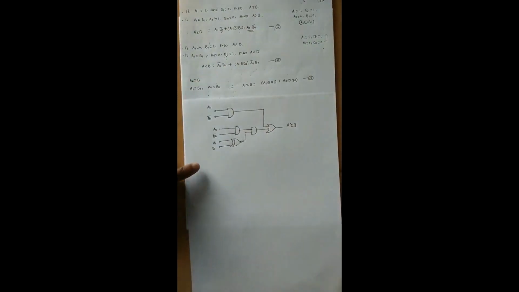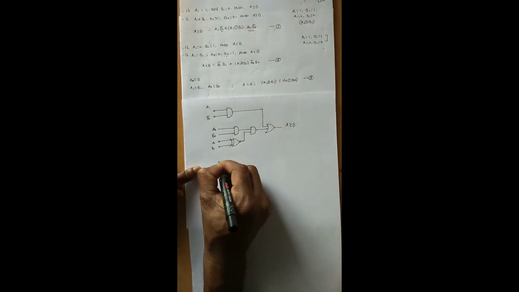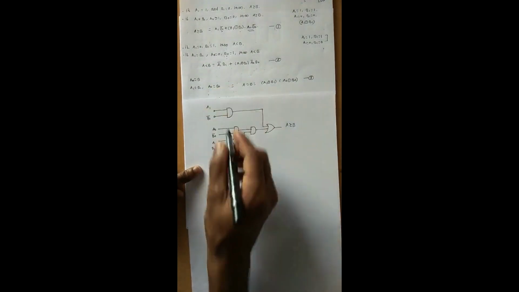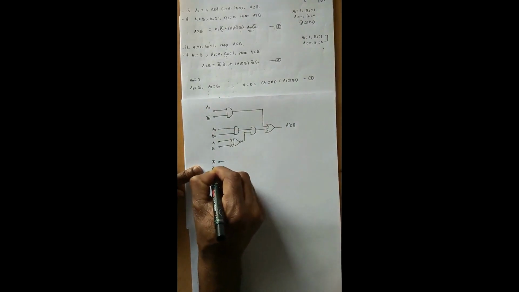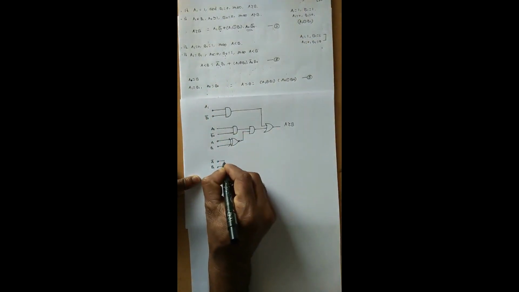For the second one, we need a1 complement and b1. So take a1 complement, okay, and b1. In these both the terms, they are ANDing with each other, so use AND gate.